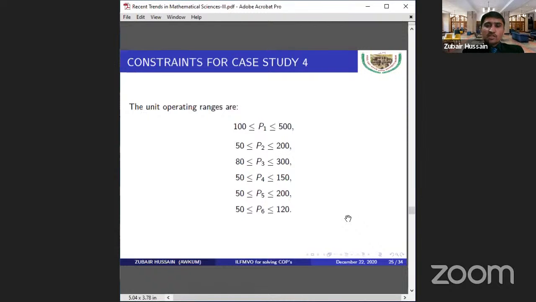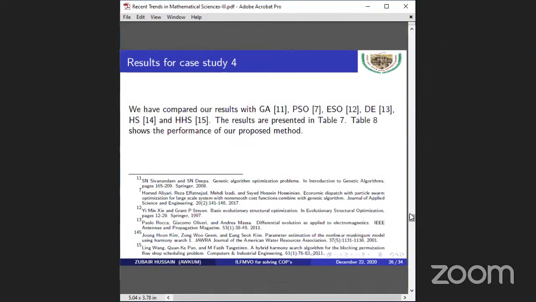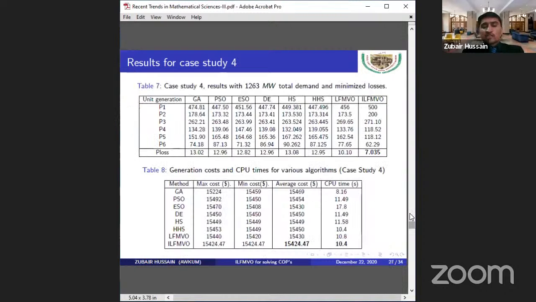Their operating ranges can be presented as P1, P2, P3, P4, P5, and P6. So we have compared our solutions with the state-of-the-art techniques in table 7, that is genetic algorithm, particle swarm optimization, evolutionary structural optimization, differential evolution, harmony search, hybrid harmony search, and Levy-flight-based multiverse optimizer, which shows that our technique provides a solution of high quality with minimum losses, that is 7.035.